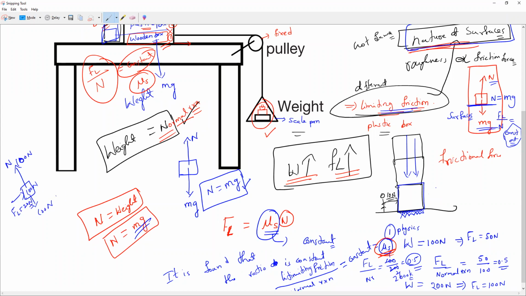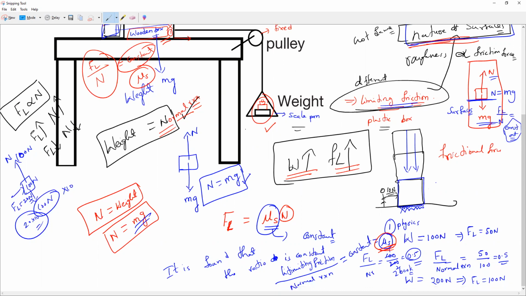If weight becomes 10 times, then limiting friction also increases 10 times. Both are directly proportional. F limiting is directly proportional to normal. If normal is increasing, limiting friction also increases. If normal is decreasing, limiting friction also decreases. Okay, guys?